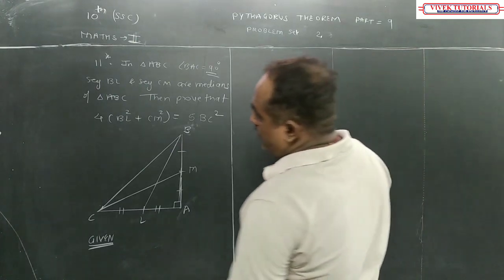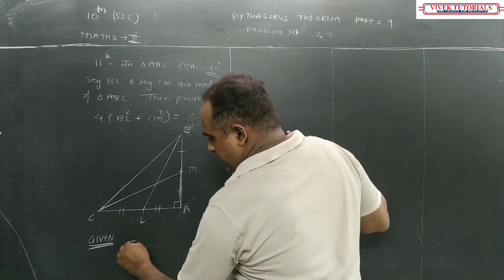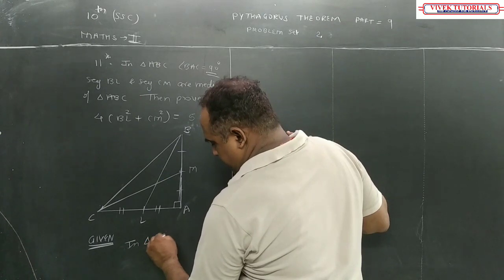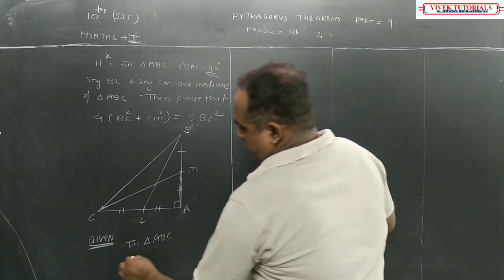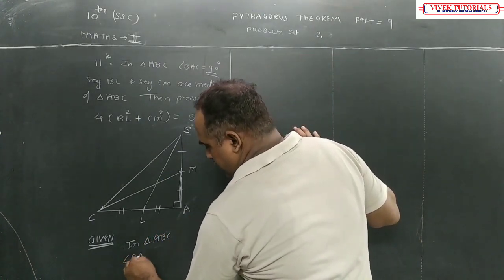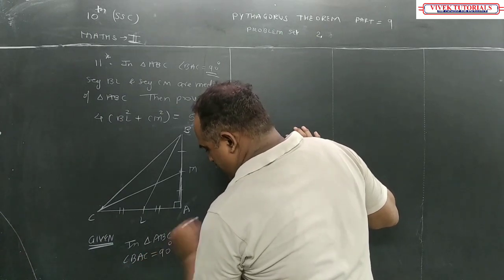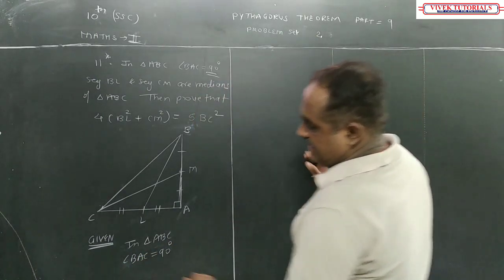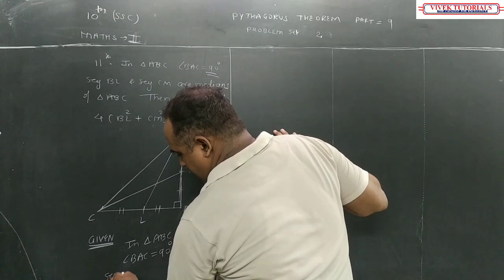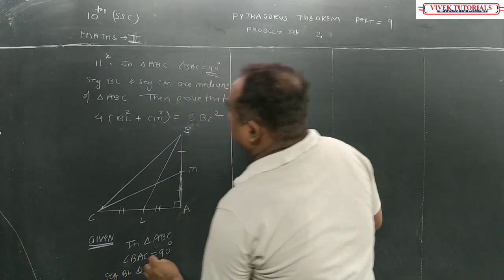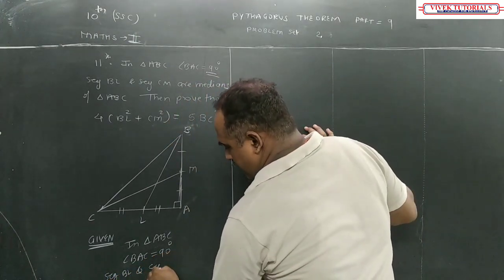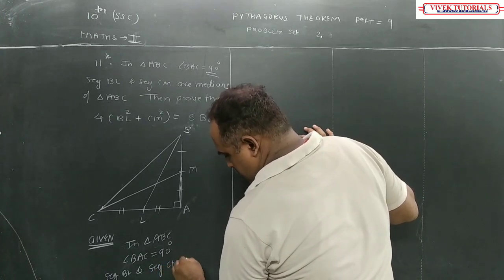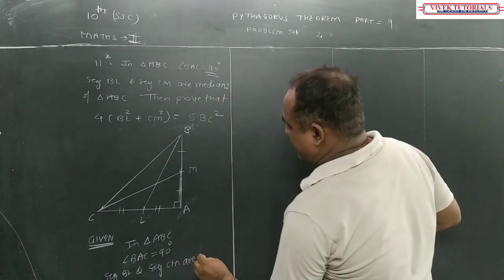Okay. Now, what they are given: in triangle ABC, measure of angle BAC is equal to 90 degrees. Segment BL and segment CM are medians.